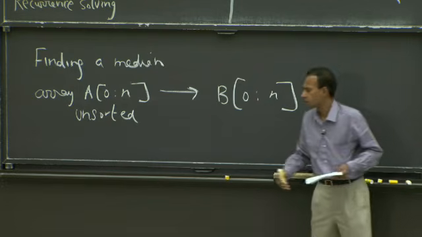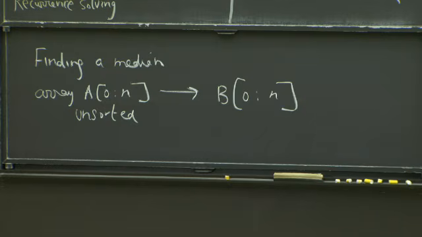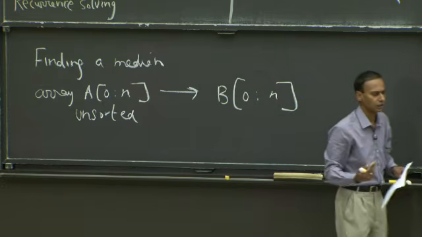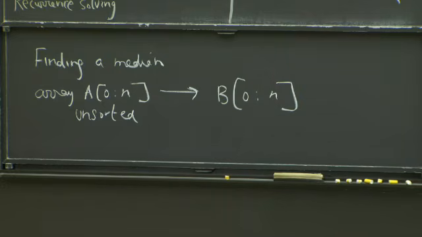Or if they're records and they're not numbers, then you have to provide a comparison function to determine which record is smaller than another record. And that's another input that you have to have in order to do the sorting. So it doesn't really matter what the items are, as long as you have the comparison function. Think of it as less than or equal to.